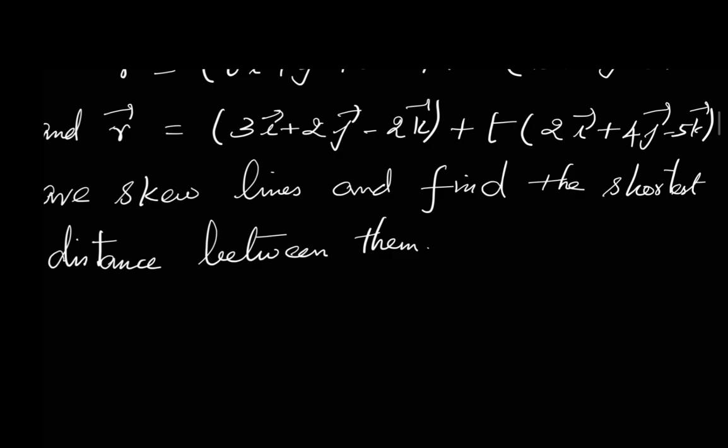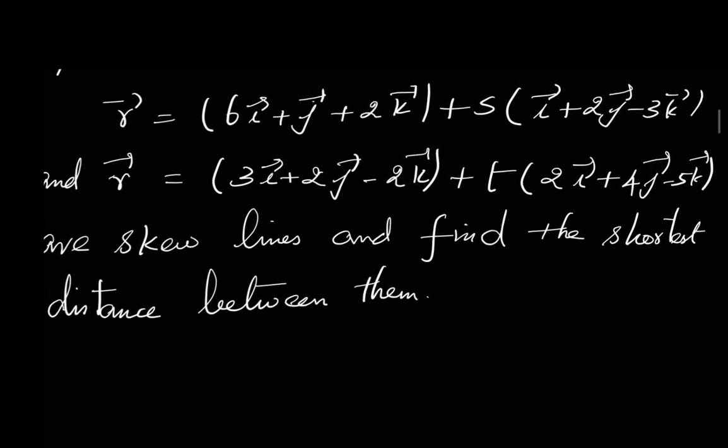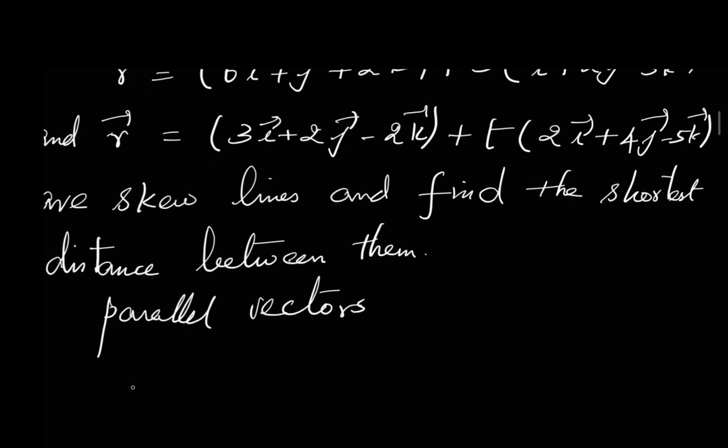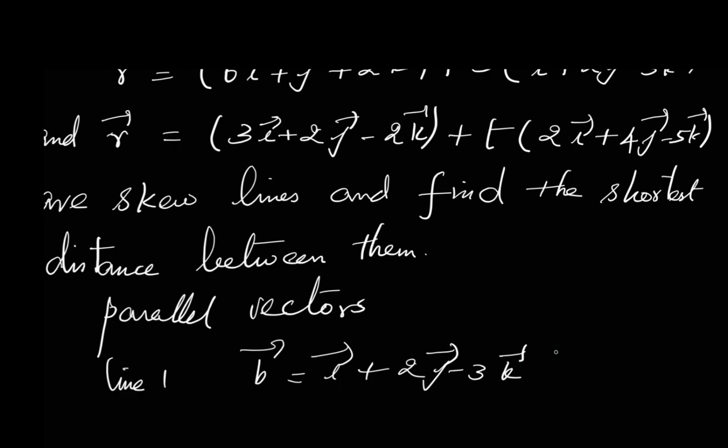So first let me show these two lines are not parallel. Take the parallel vector of the first line: vector b is equal to i plus 2j minus 3k.